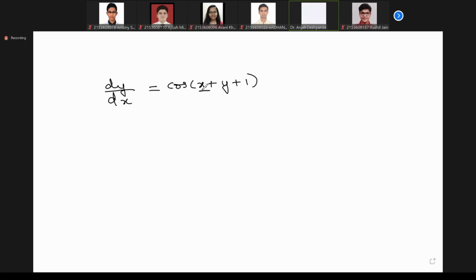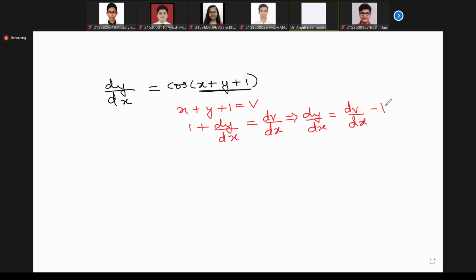So now because this term is here in the bracket like this, what we will prefer to do is make a substitution for this whole thing. That means the plus 1 also we will include. Now if we do that, then we will get 1 plus dy by dx is equal to dv by dx. In other words, dy by dx is equal to dv by dx minus 1.